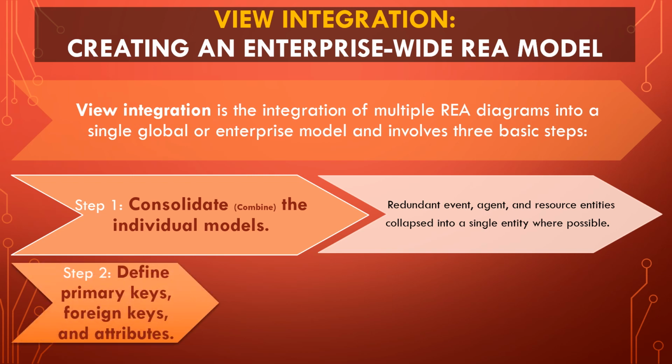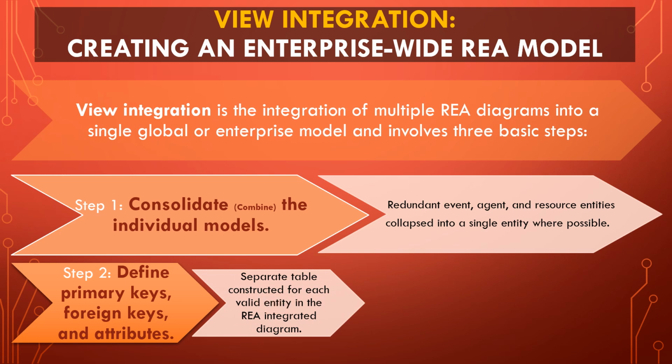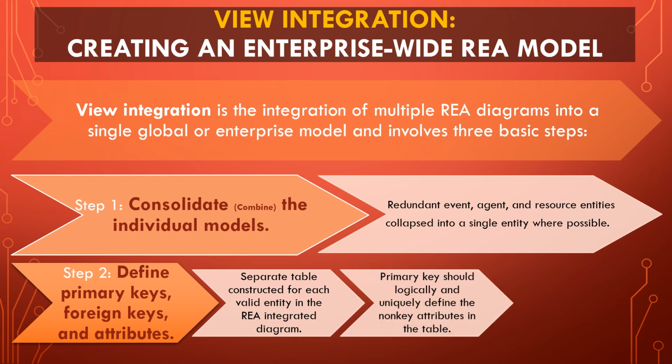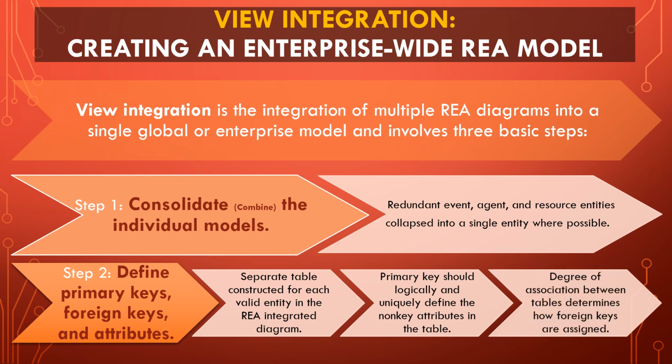Step 2, define the primary keys, foreign keys, and attributes. Construct a separate table for each valid entity in the integrated REA diagram. The primary key should logically and uniquely define the non-key attributes in the table. The degree of association between tables determines how foreign keys are assigned.